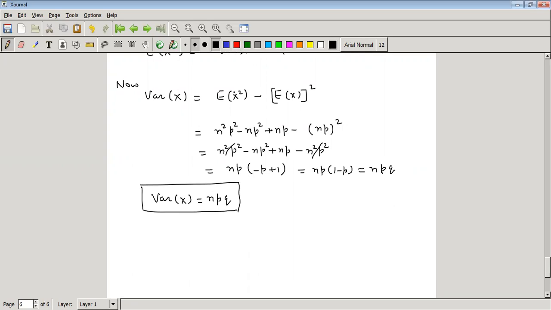Now the next term is moment generating function. We use MGF for moment generating function of a binomial distribution.